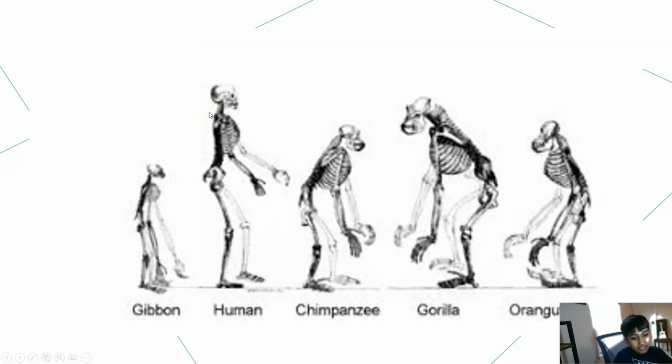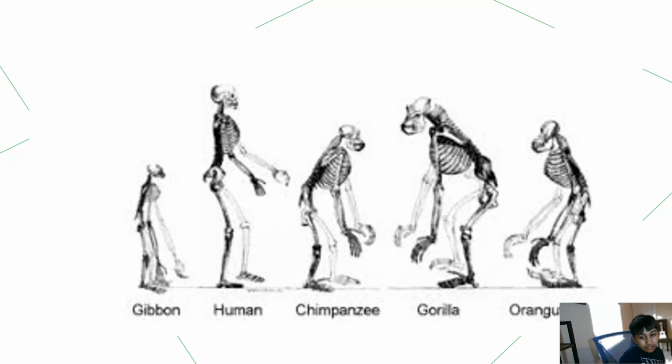They came in the Ice Age, but after the Ice Age, we're in Africa during the Ice Age, okay? But after the Ice Age, what happened was the trees started falling. Africa used to be tropical, but it lost its trees, and this is why humans and chimpanzees, gorillas, orangutans, they were in Asia, but if you look at gibbon, you can see the difference between gibbon, human, chimpanzee, gorilla, and orangutan.